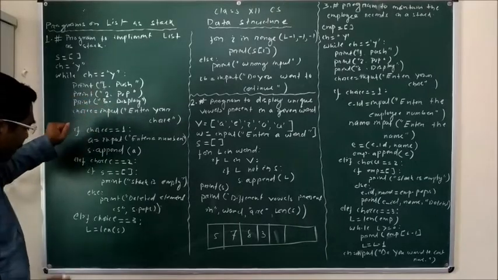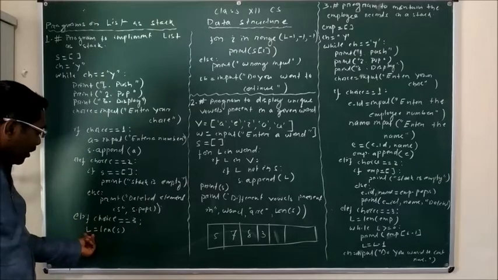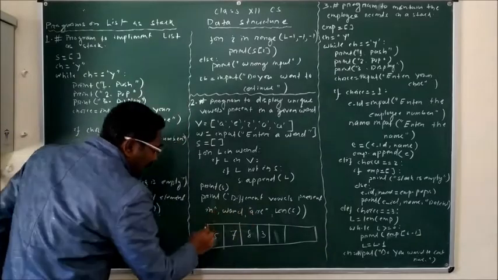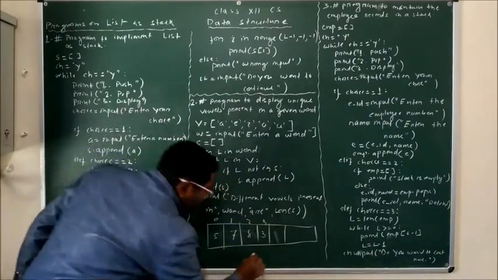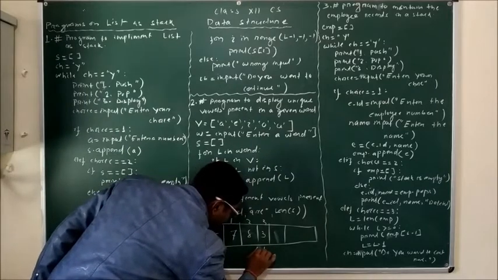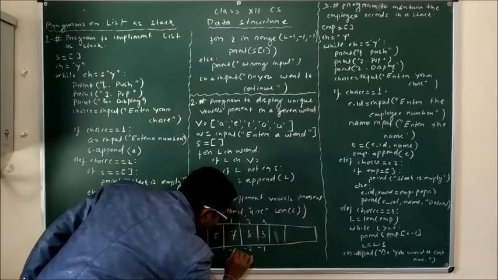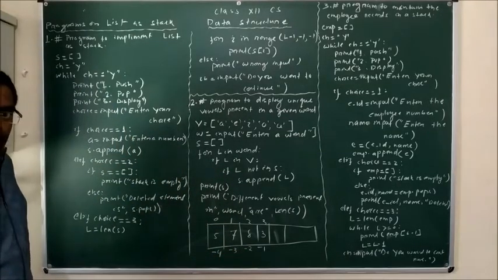So here what happened? First it will get L is equal to len of S. Now try to understand here. The index is 0, 1, 2, 3. Clear? Or minus 1, minus 2, minus 3, minus 4. Here, these are the indexes.